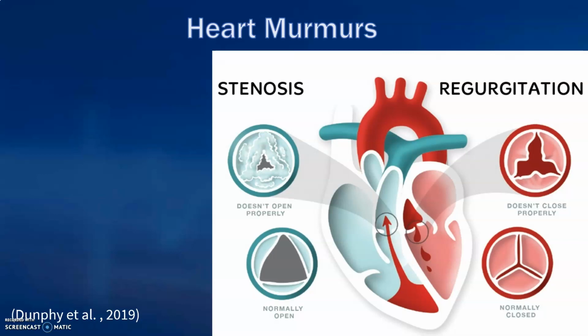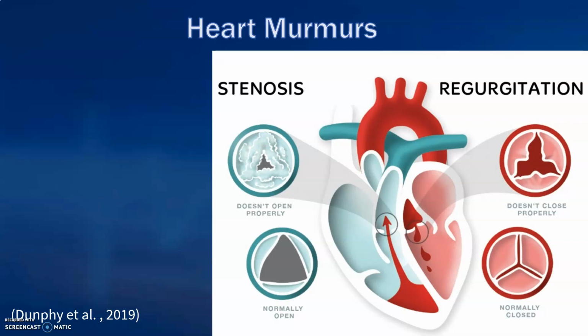A stenotic valve has an abnormally narrow valvular orifice that obstructs blood flow, as in aortic stenosis, and can cause a characteristic murmur. So do valves that fail to close fully, as in aortic regurgitation.